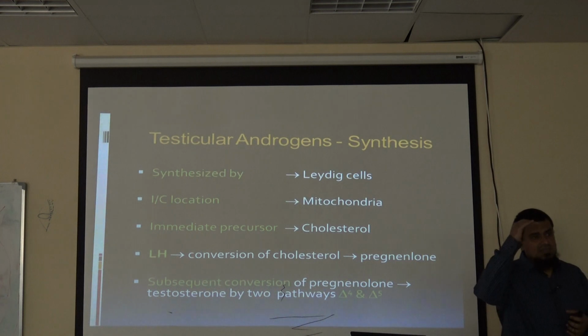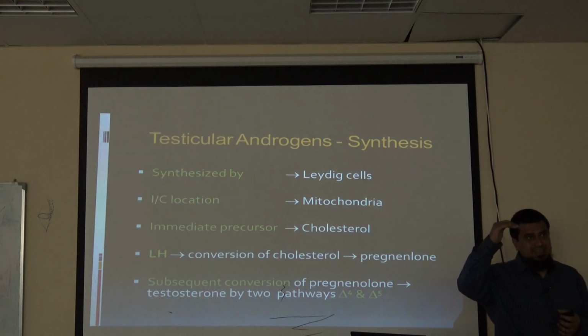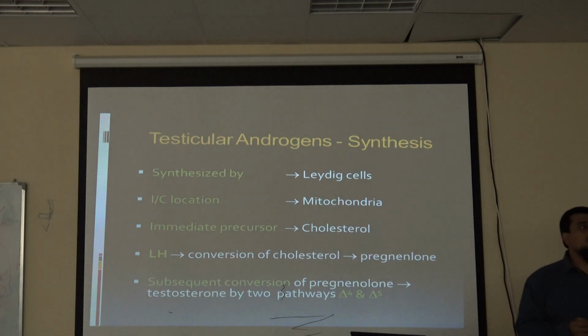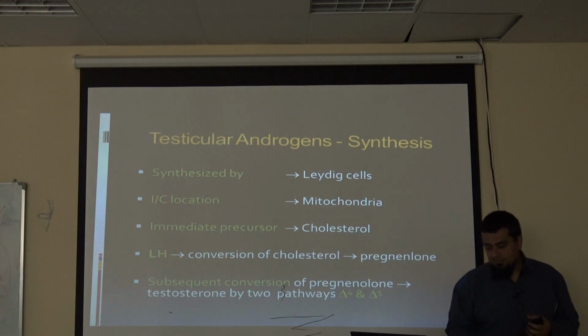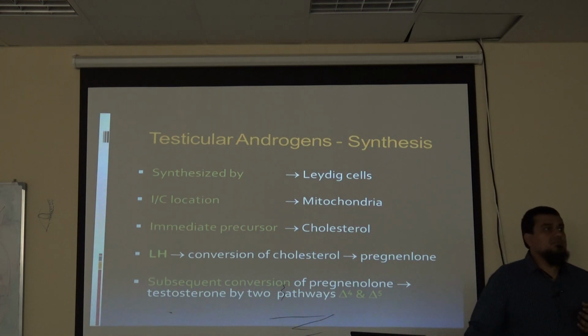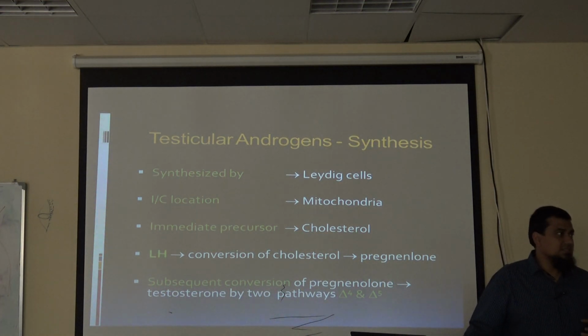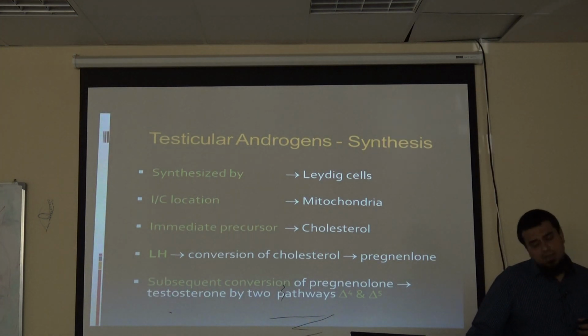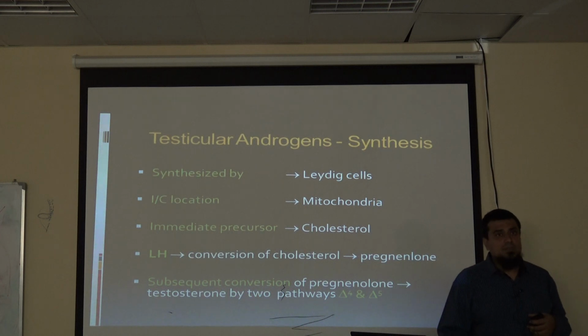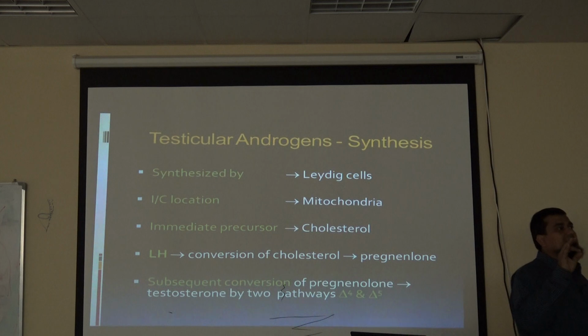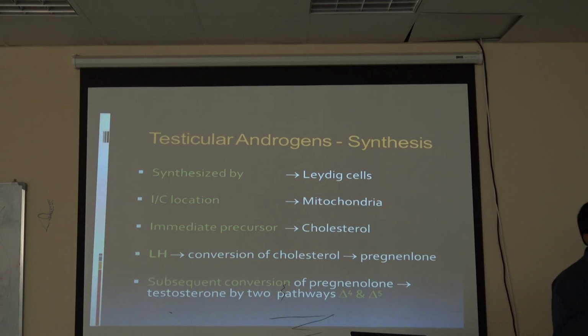So the synthesis starts in the Leydig cells at the level of mitochondria, in the cytochromes, from cholesterol. The main influencing factor that initiates this synthesis is luteinizing hormone from the anterior pituitary. So in the first stage, the cholesterol converts into pregnenolone. This is the first step. This happens under the influence of LH, luteinizing hormone.